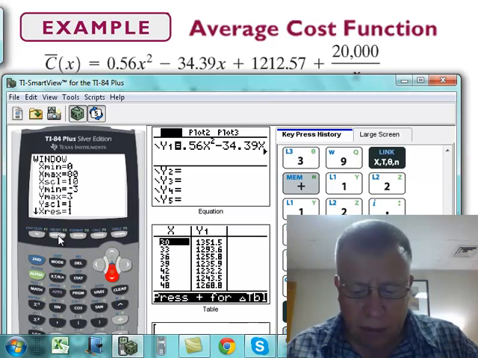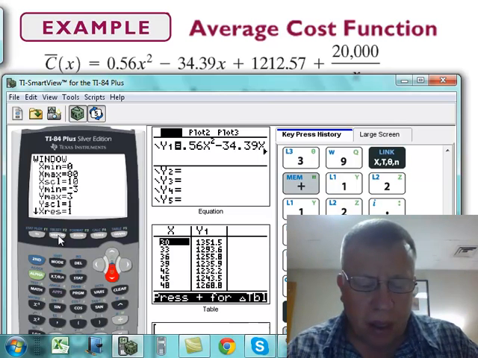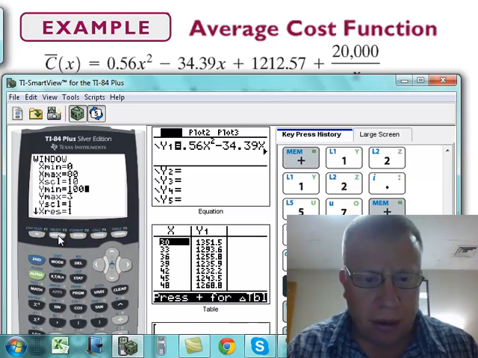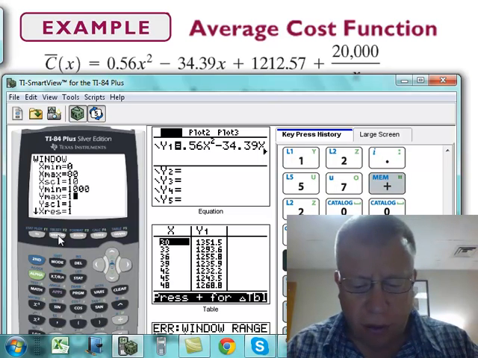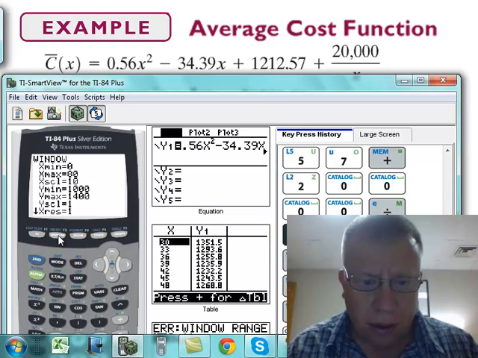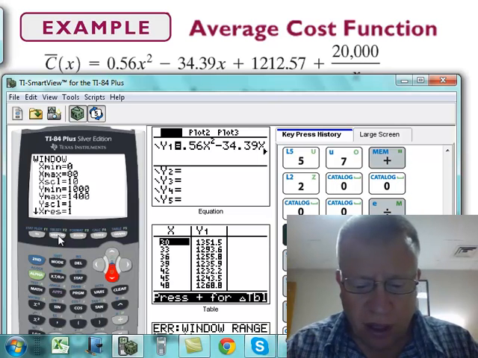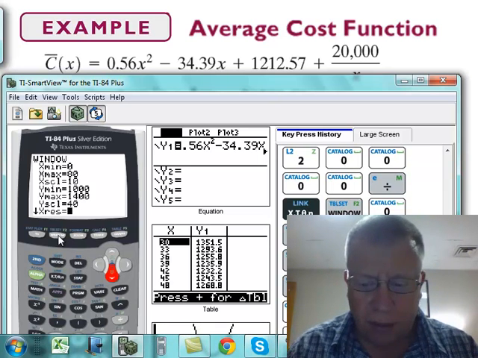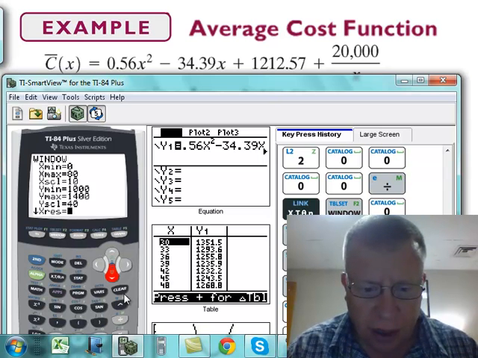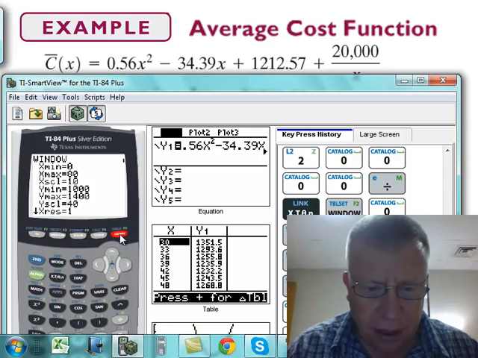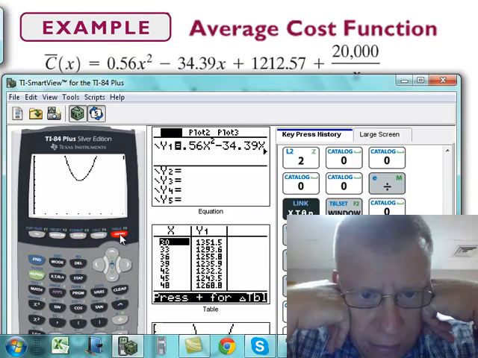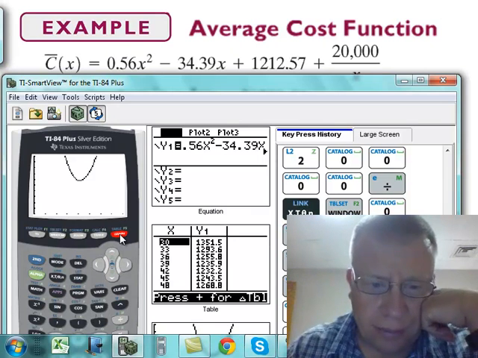Y minimum, maybe, I don't know. Let's call it 1,000 maybe. Y maximum, maybe 1,400. With tick marks every maybe 40 or 50. Let's go with 40 maybe. And let's see if we can graph the function. Wow.